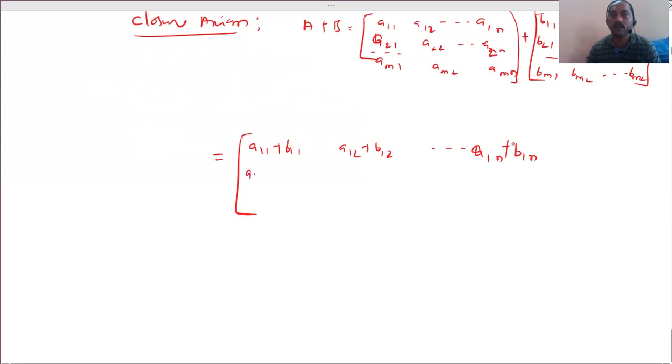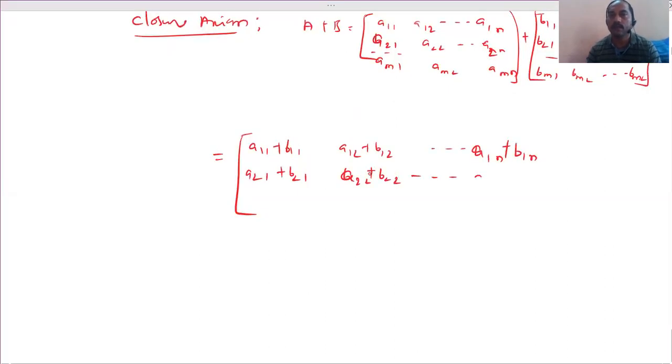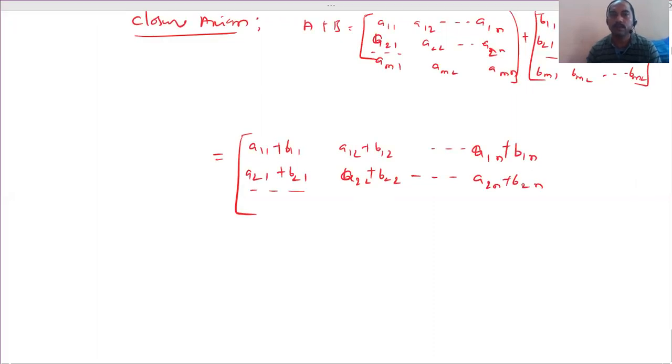Similarly, a21 plus b21, a22 plus b22, and so on, a2n plus b2n, and so on. Last, am1 plus bm1, am2 plus bm2, and so on, amn plus bmn.